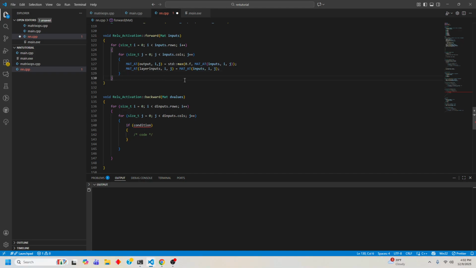And with that, you're kind of doing the same thing but backwards. If any of those very same inputs are less than or equal to 0, you're going to set that gradient to 0 as well.